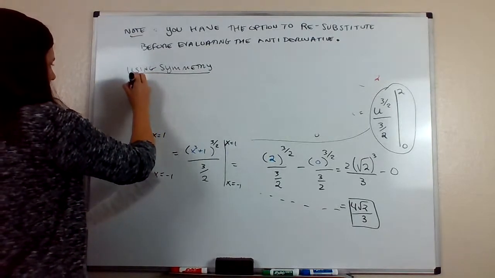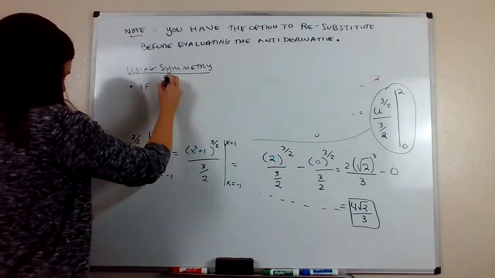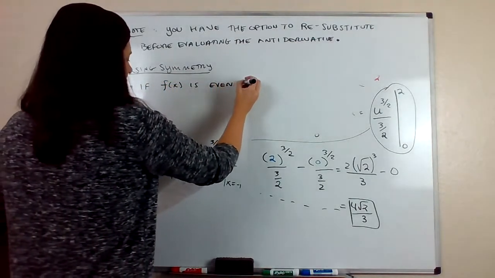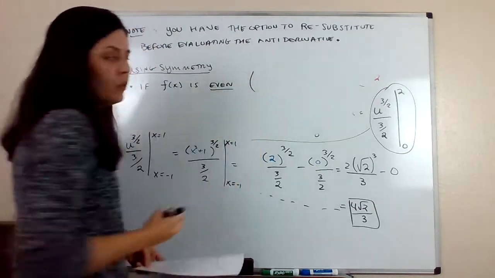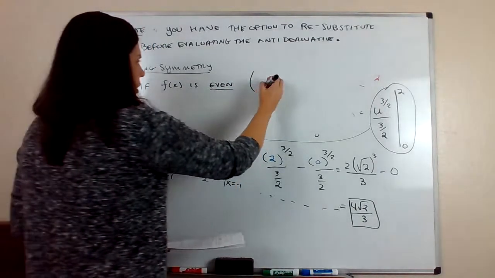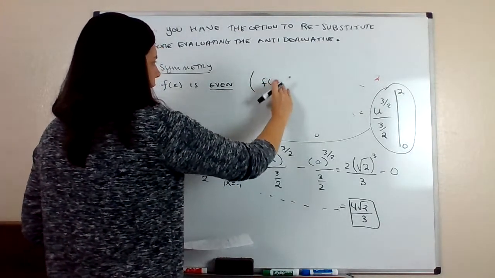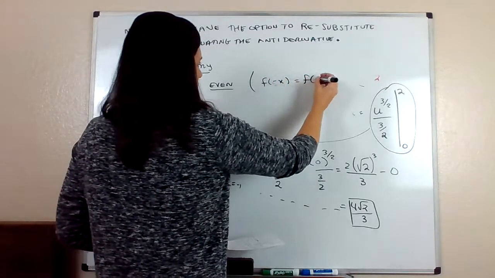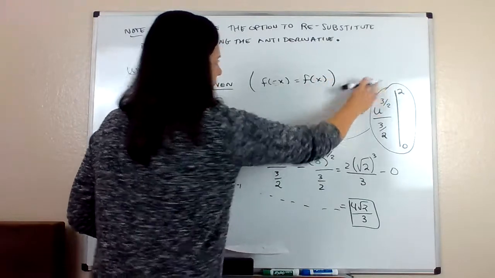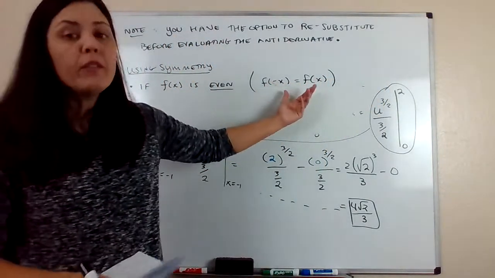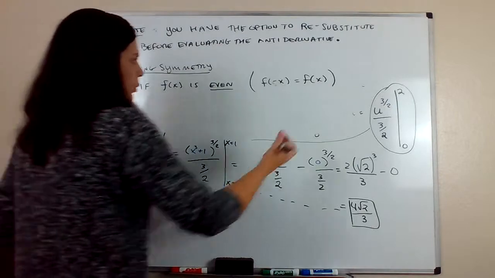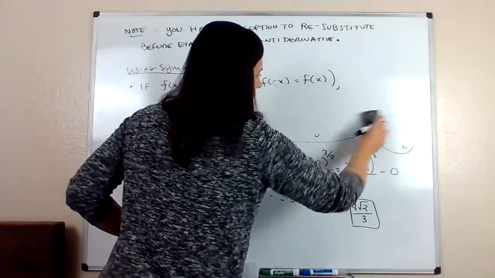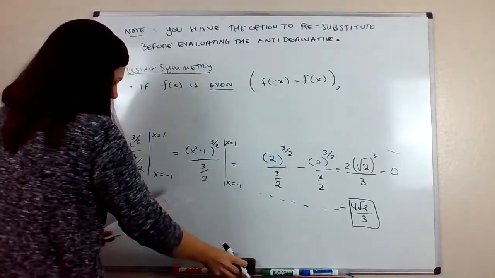We have two options here. If your function is even, and a reminder from algebra of what that looks like: when a function is even, plugging in negative x is the same as plugging in regular x. If you know you're working with an even function, and you can also tell from the graph, it has symmetry.